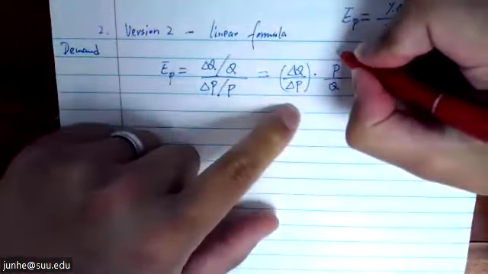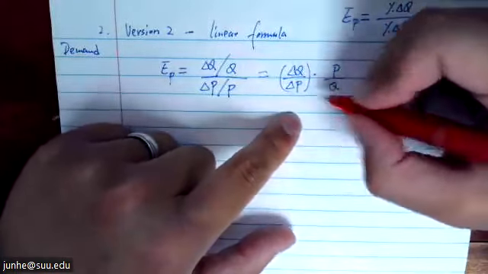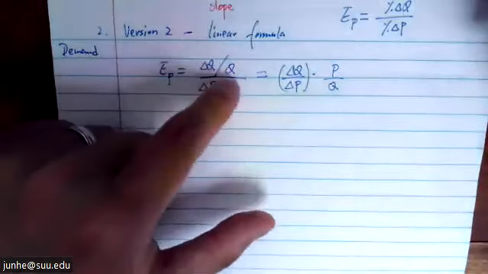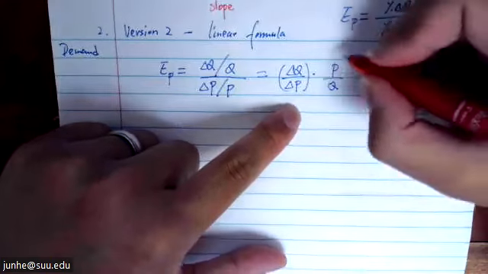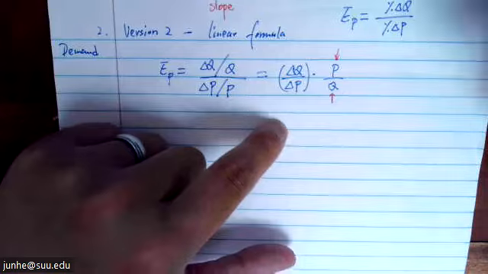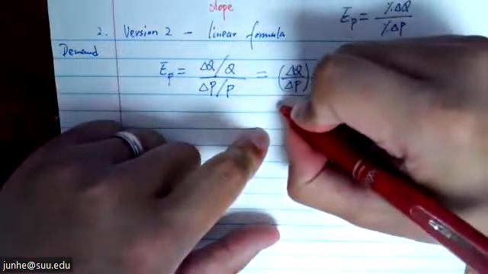This expression is the linear version, or the slope version, of elasticity. So here there are 3 parts. One is the price itself, the second is the quantity itself, and the third is delta Q over delta P overall.